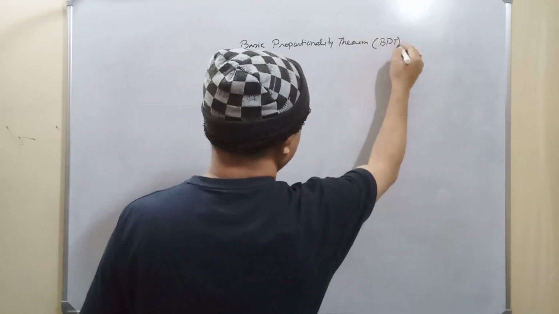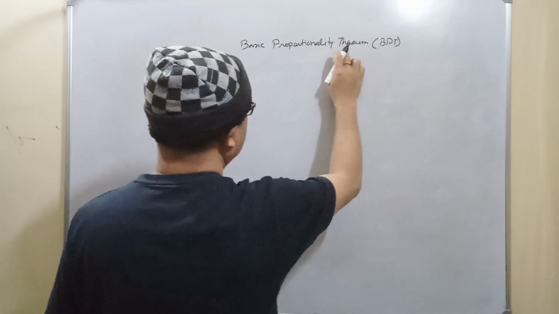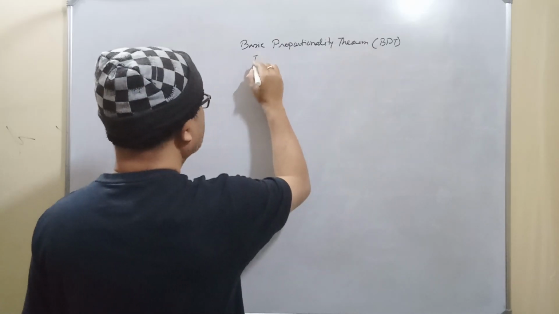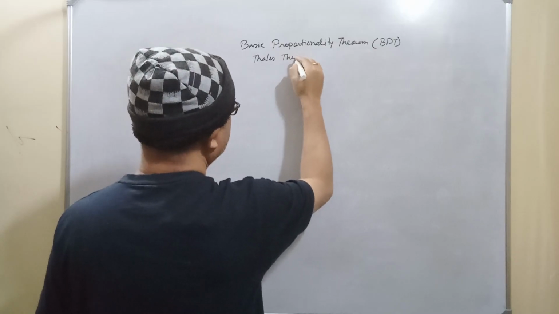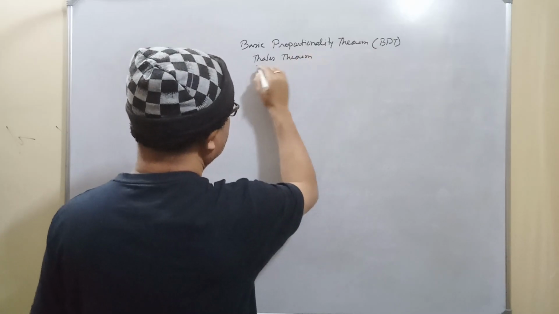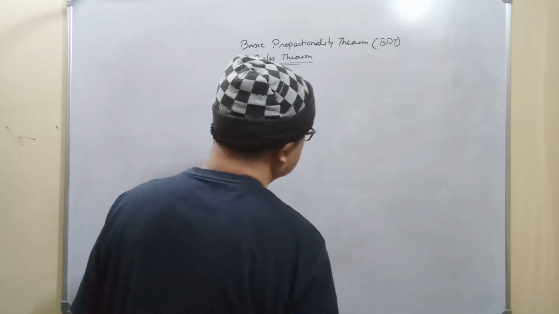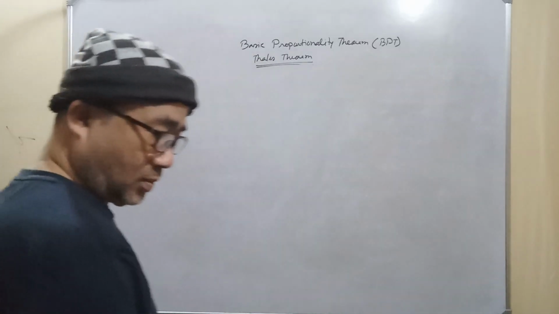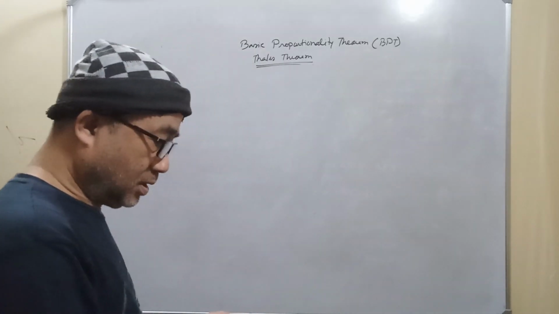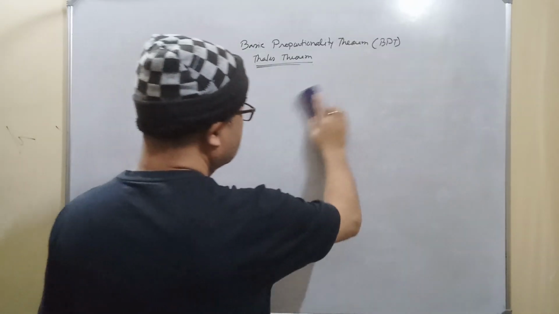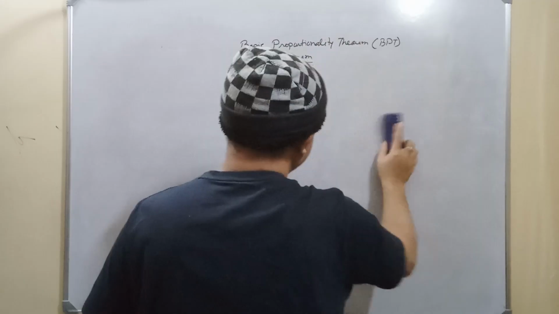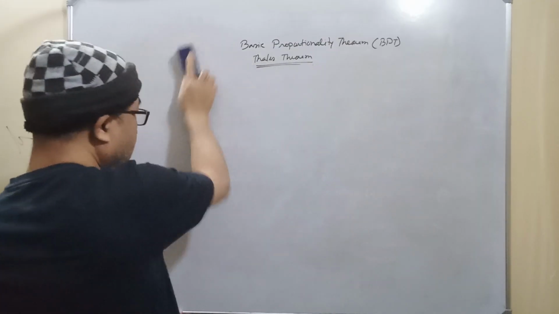This is known as BPT, Basic Proportionality Theorem, also known as Thales Theorem. So the definition of this theorem is given in the textbook, so I will not write it here.